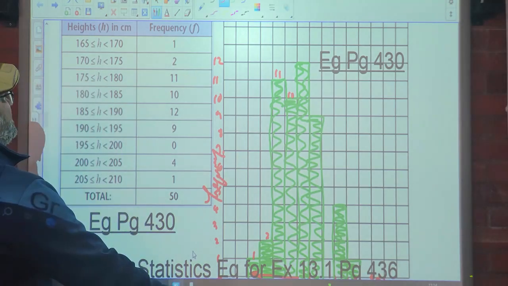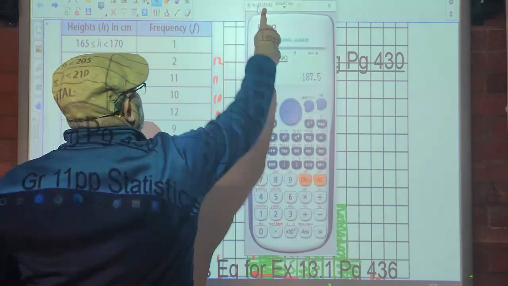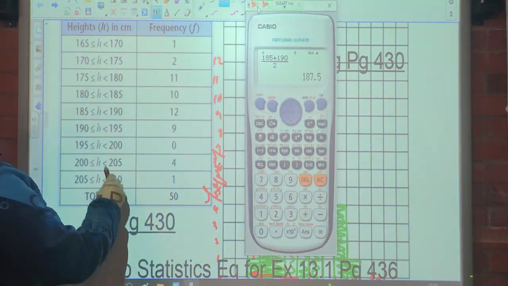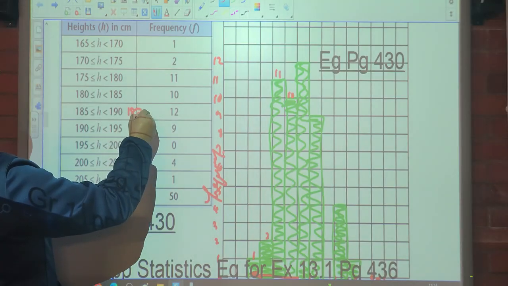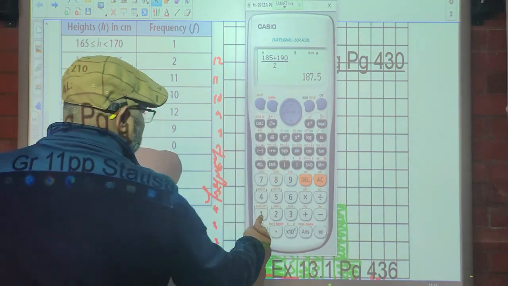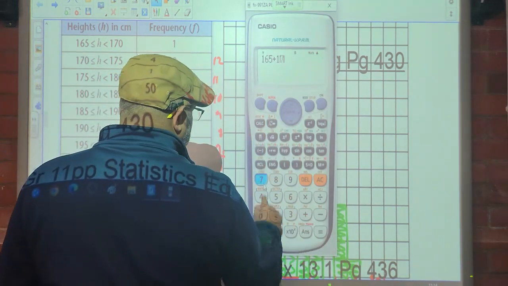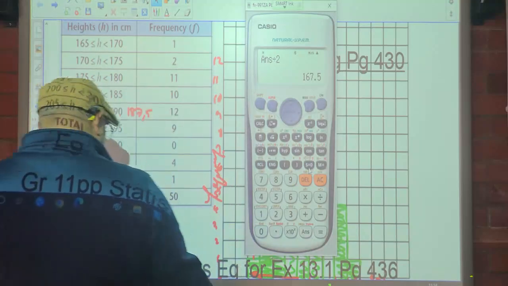So we add 165 and 170 and divide by 2, and that gives you 167.5.